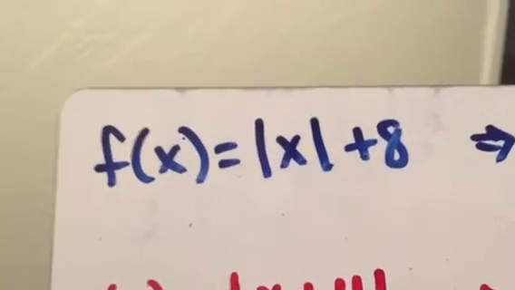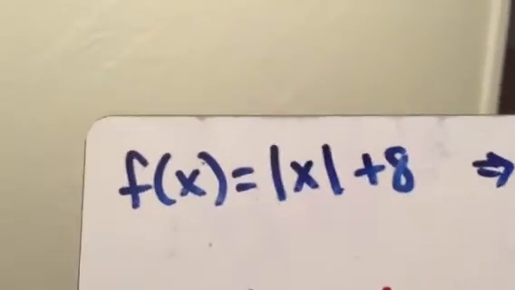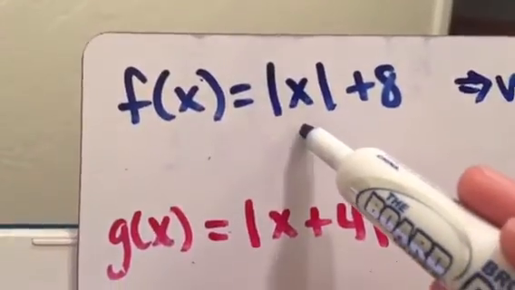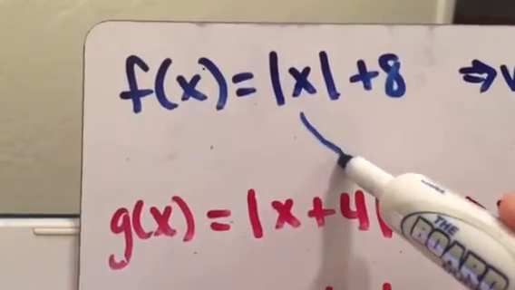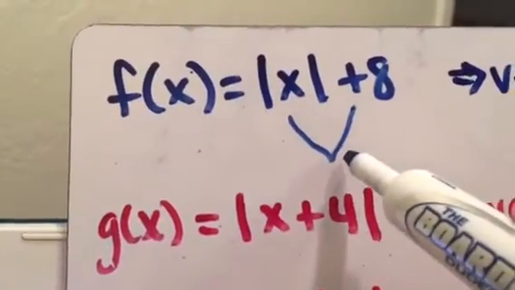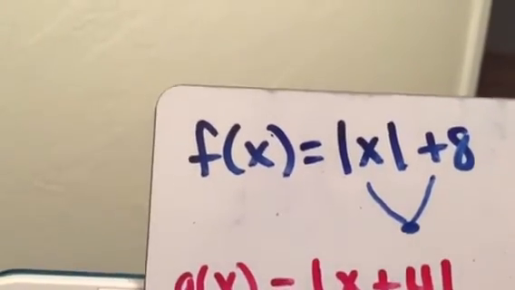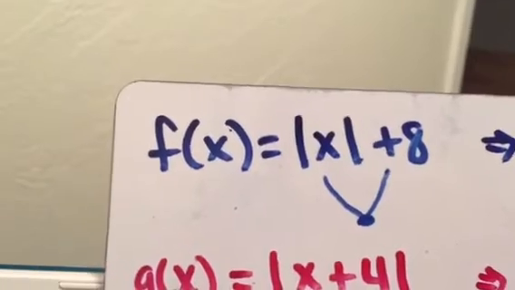And a vertex is the point that creates the two lines. In other words, if I drew an absolute value function, this little point right here, that is my vertex.